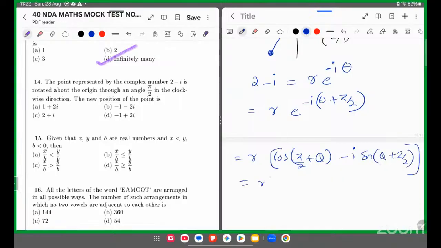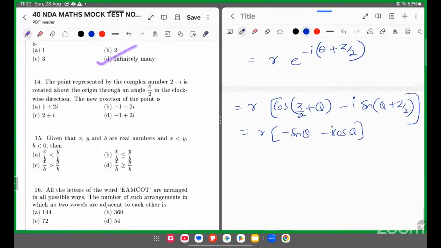So cos of 90 plus theta is minus sine theta. Sine of 90 plus theta is cos theta. So iota cos theta. So minus can be taken out. Then it will become sine theta plus iota cos theta.